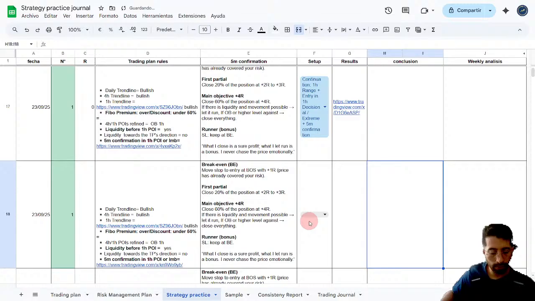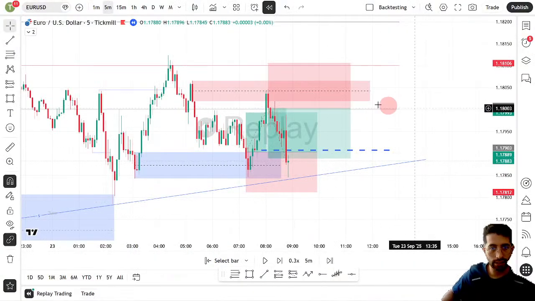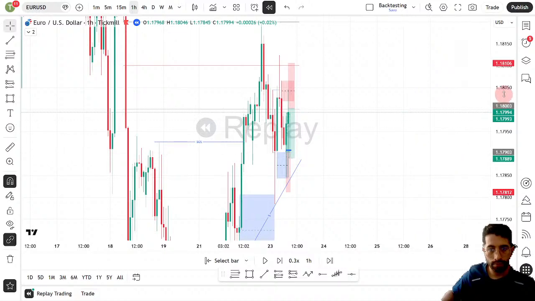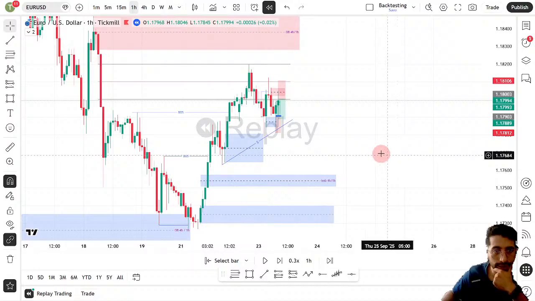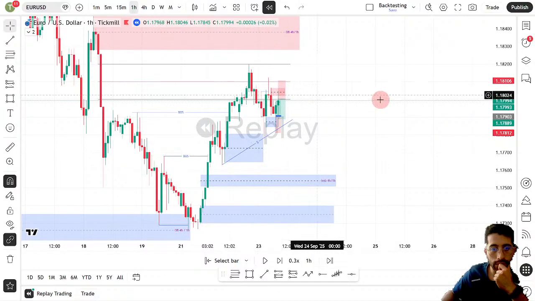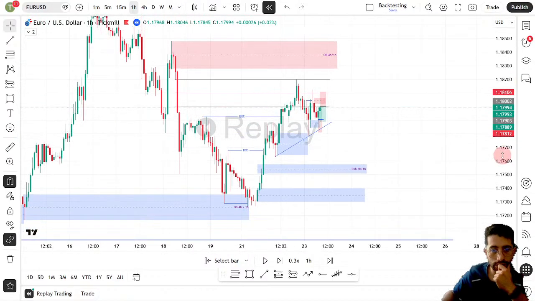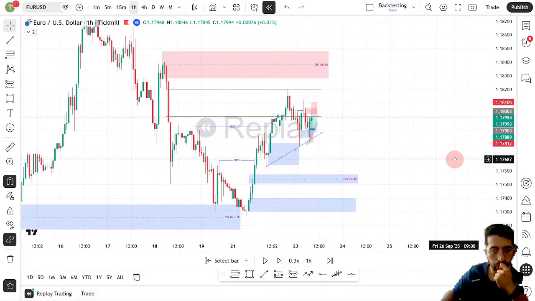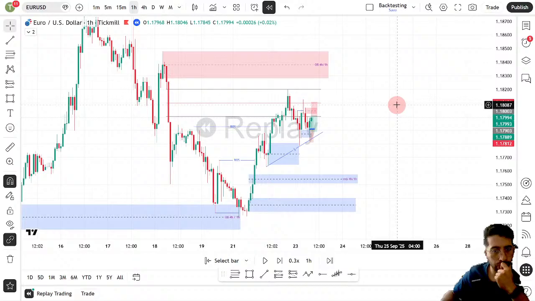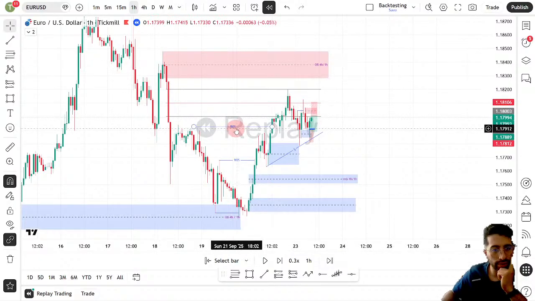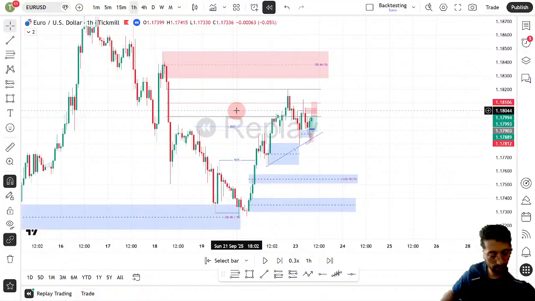Perfect. And what type of pattern is this one? Let me check in 1 hour time frame. All right, and we can say that this is liquidity. This is a reversal pattern. This is a dense market structure too.